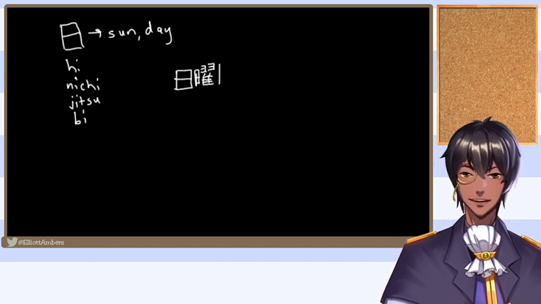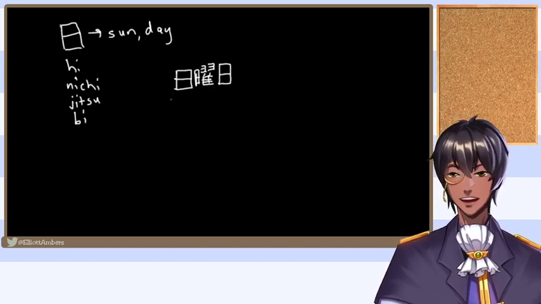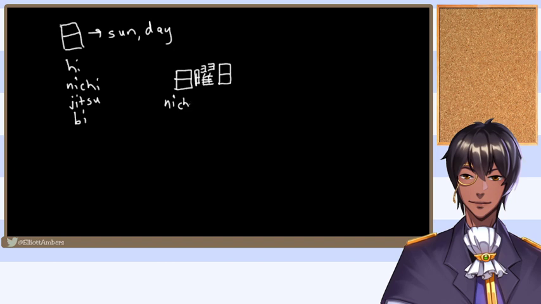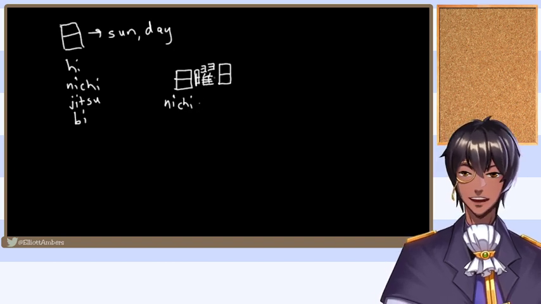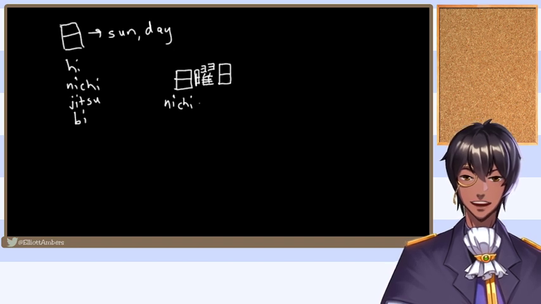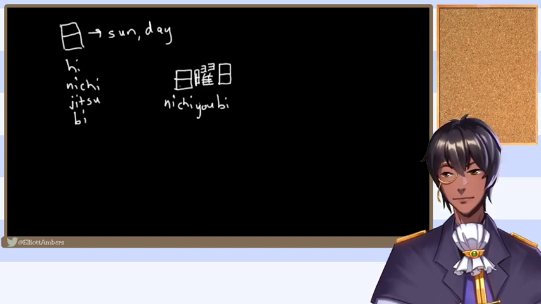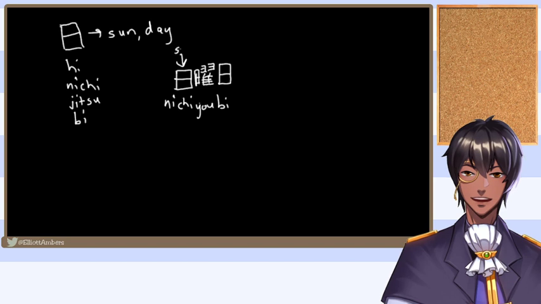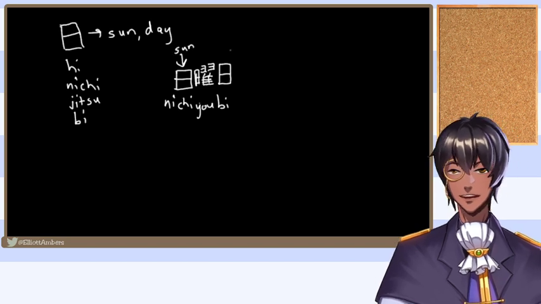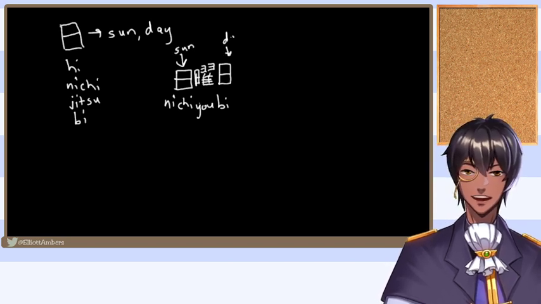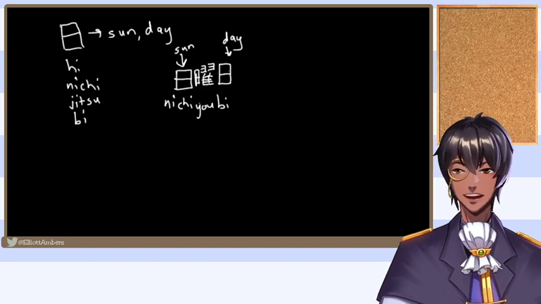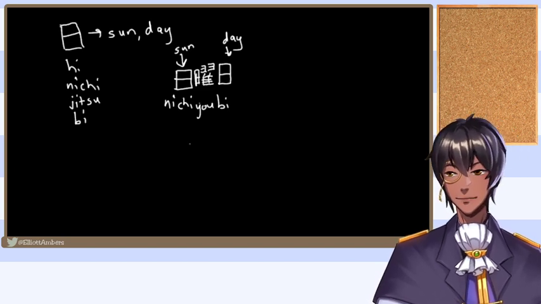You can see even a character like this has the same kanji appearing in it twice. That looks like a G, not a Y. Nichiyobi. Because this means sun, a representation of the sun, and this is a representation of the day, it's using the same symbol because it has multiple meanings. So nichiyobi is Sunday.